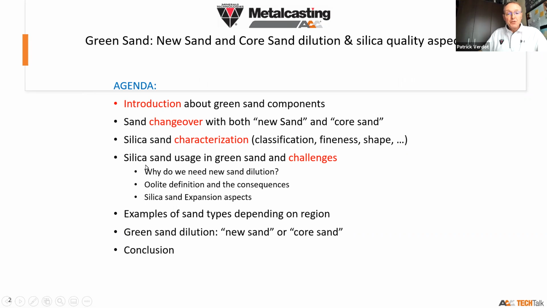Why do we need new sand dilution? What is olitization, definition and the consequences? Silica and expansion aspect. Then after we'll speak about example of sand types depending on region. And finally, we will have also a short discussion about new sand and coarse sand difference for dilution in green sand and conclusion.